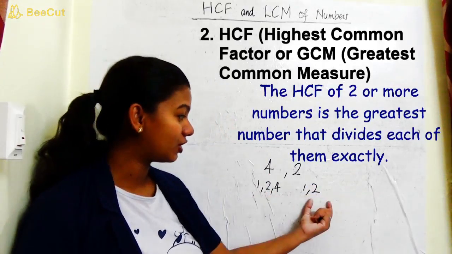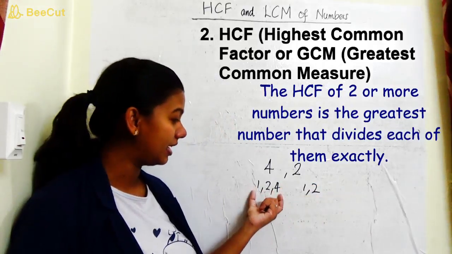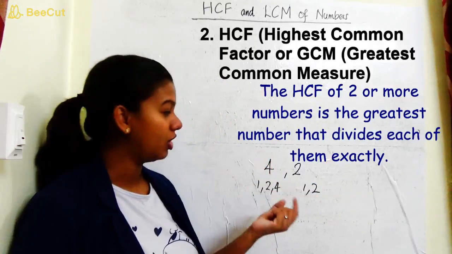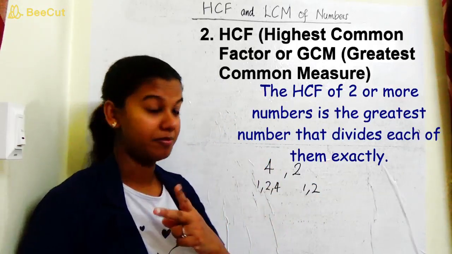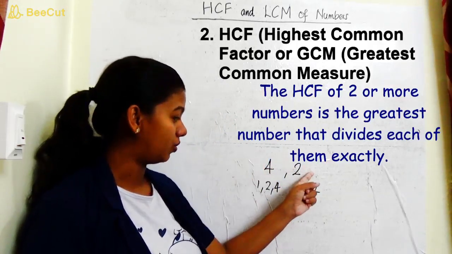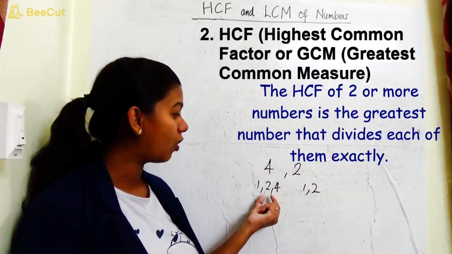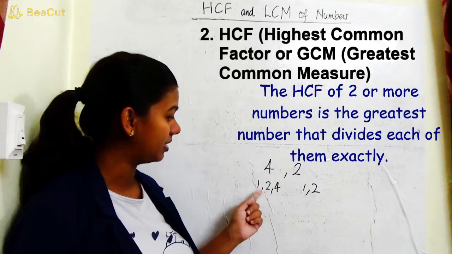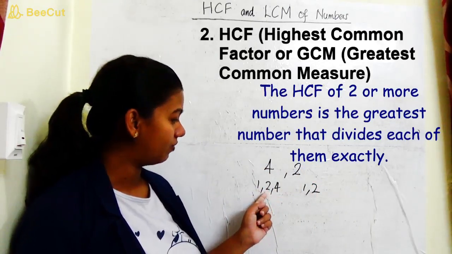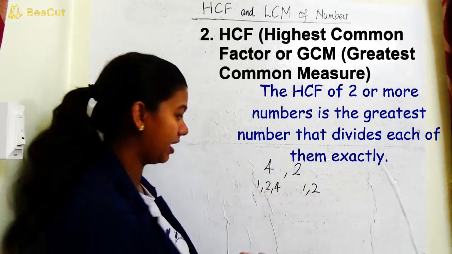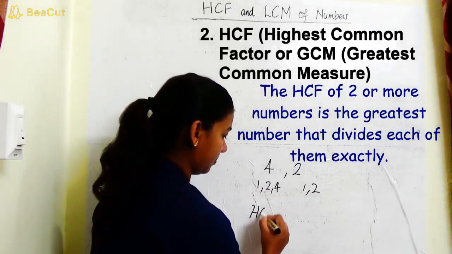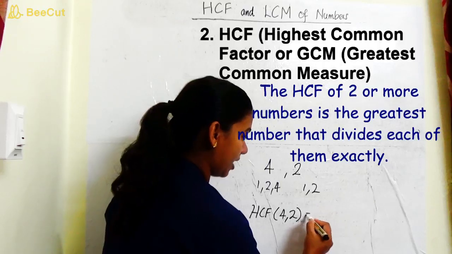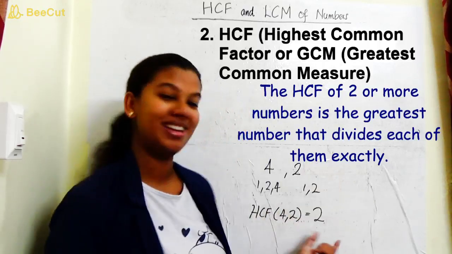These are the numbers which will exactly divide the number. So if we are considering two numbers, 4 and 2, we have to find the highest common factor. The highest number which is common is 2. So we can say that HCF of 4 and 2 will be 2.